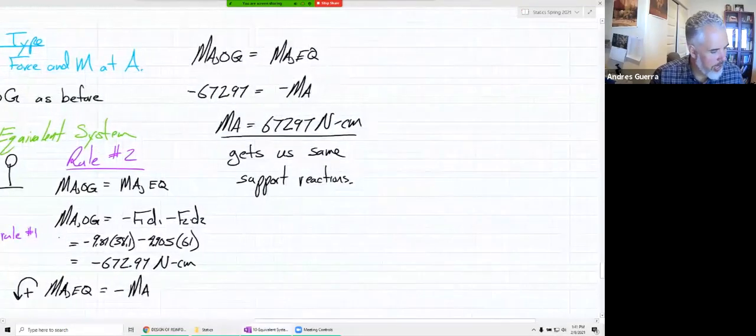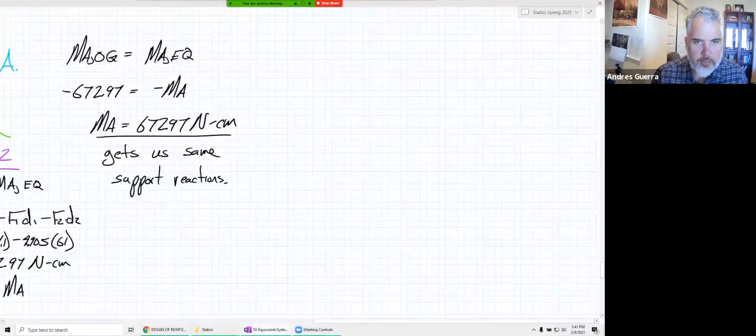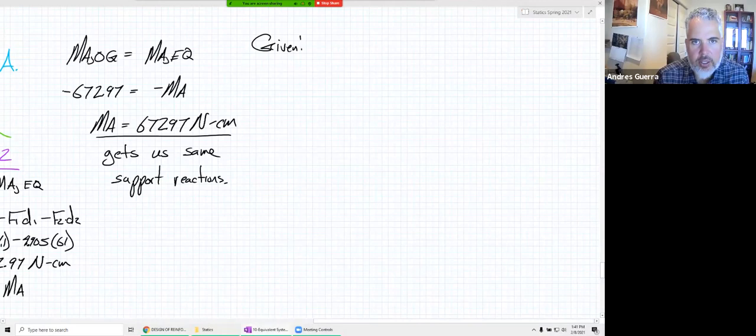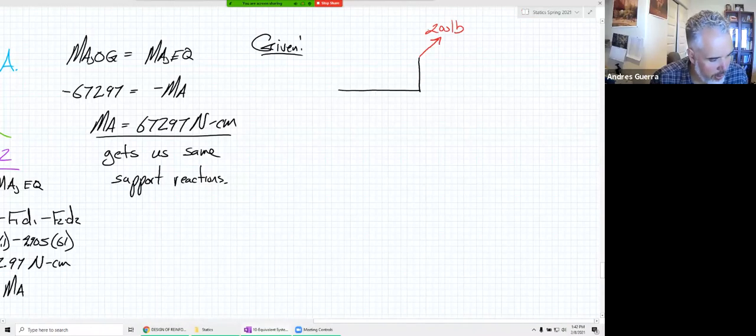Let's do an example that's got a little bit more going on here. We're going to be given an L-shaped rigid object, and we're going to have a force up here of 200 pounds. We're going to have another force at about right there of 100 pounds.